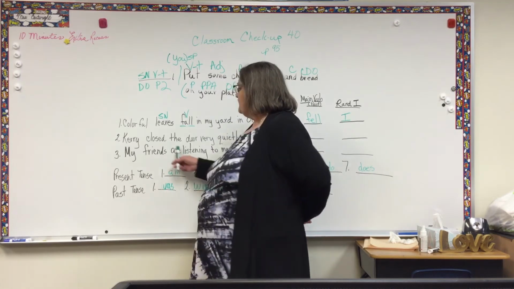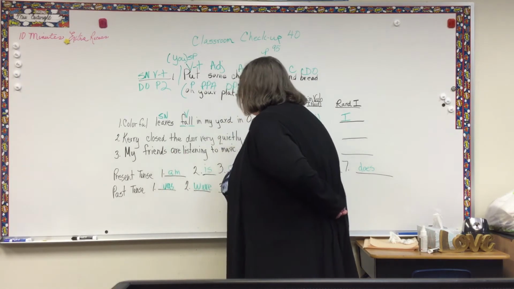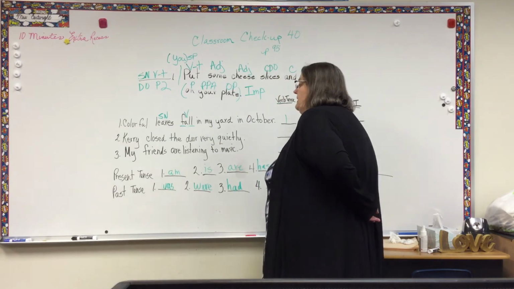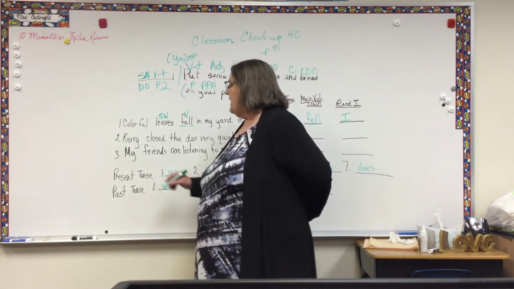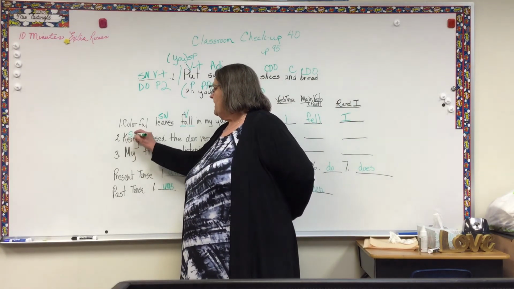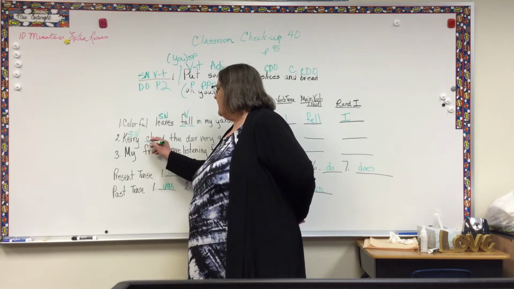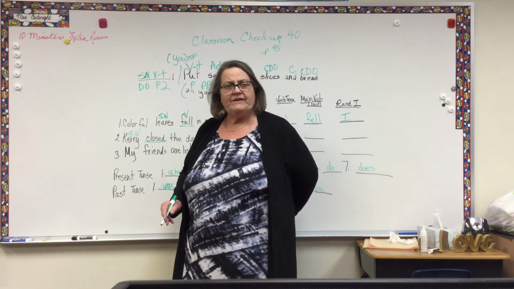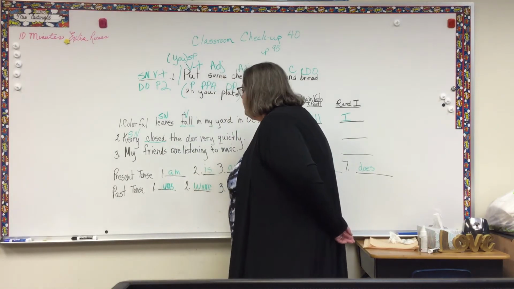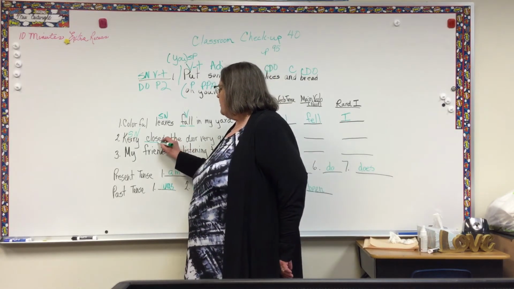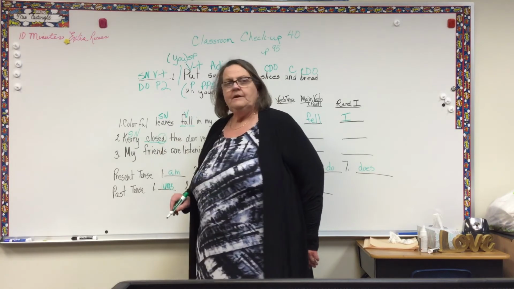Now, let's do the second sentence. Carrie closed the door very quietly. Who closed the door very quietly? Carrie, subject noun. What's being said about Carrie? Carrie closed. So I underline that. Guys, you have to do the directions. You have to underline it. That's points. What do we see at the end of this word? Ed.